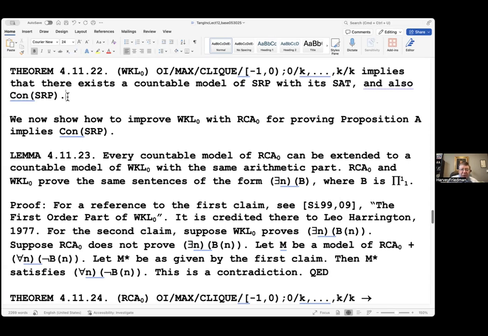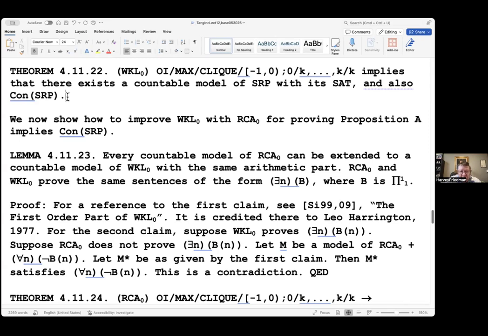We now show how to improve WKL naught with RCA naught for proving proposition A implies Con SRP. So this requires a conservation result that's credited to Leo Harrington with a full proof in Simpson's book.